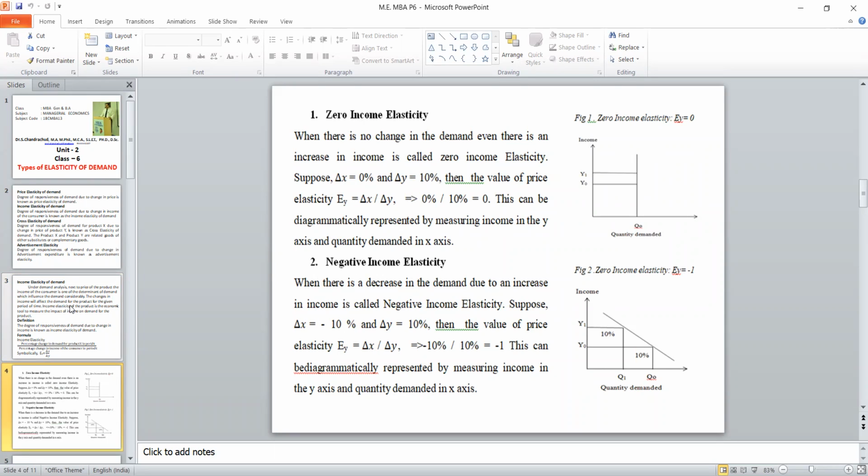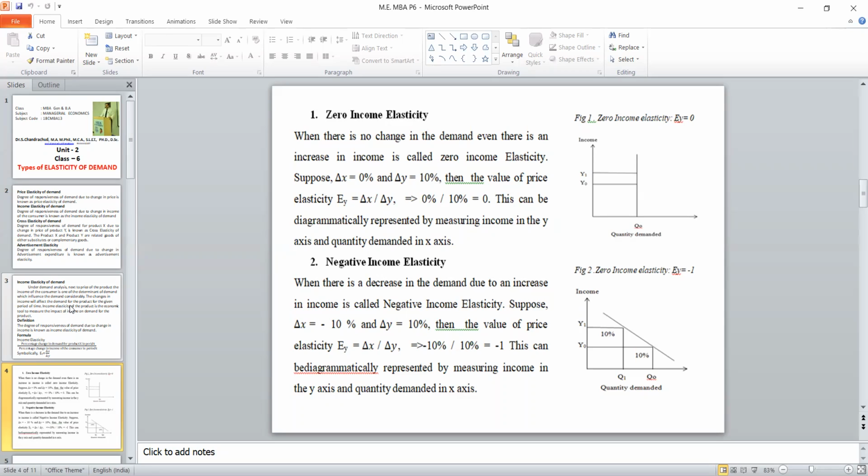Suppose the demand is constant irrespective of income, then that type of elasticity we call zero income elasticity. The change in income may be a 10% increase. Suppose your salary is 50,000 and it increases to 55,000, but you maintain the same consumption pattern, then zero income elasticity exists.